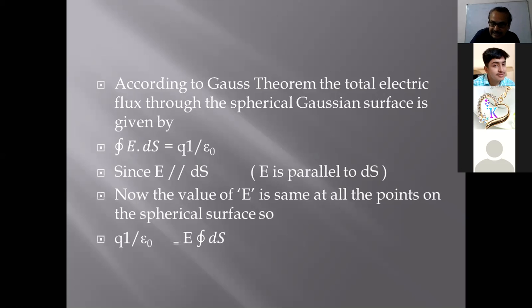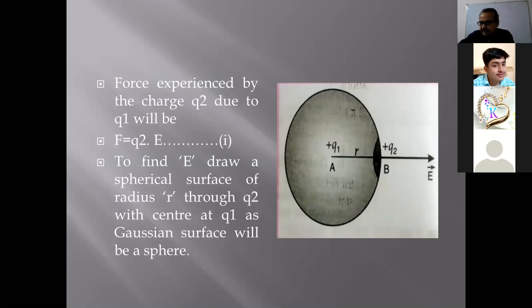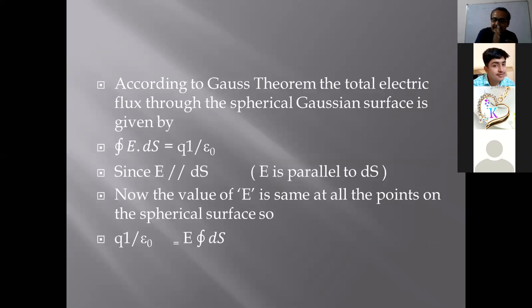And you can see in this diagram, the direction of E and the direction of ds, they both are parallel to each other. Since E is parallel to ds, the value of E will be the same at all the points on the surface. That means Q1 by epsilon naught equals E, which is constant, comes out, and what is left is the surface integral of ds.